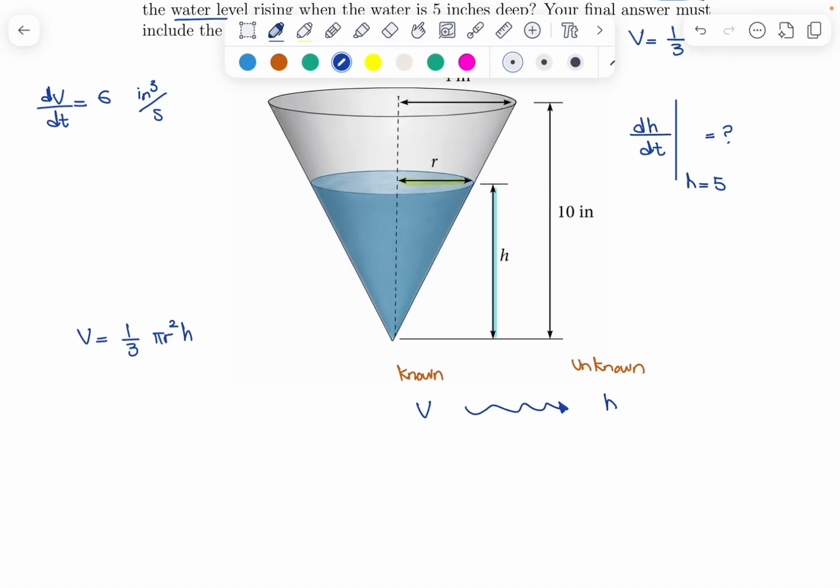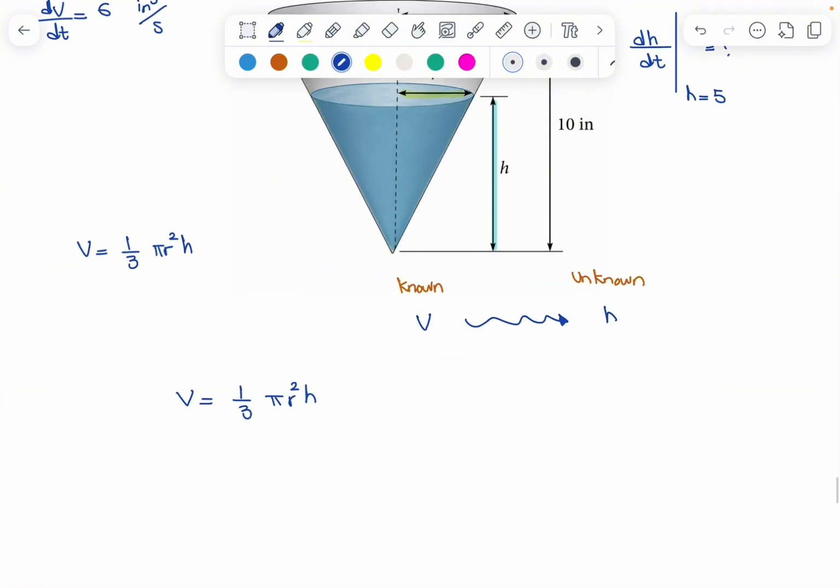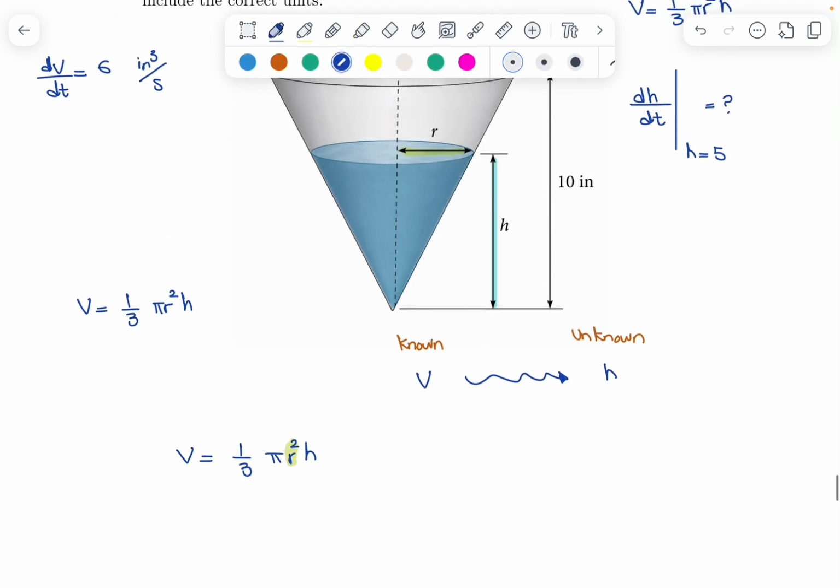The relationship would be the volume of the cone, which is V equals 1/3 pi times r squared times h. But this relationship must be between the known and unknown variable, so we need to find r in terms of h.